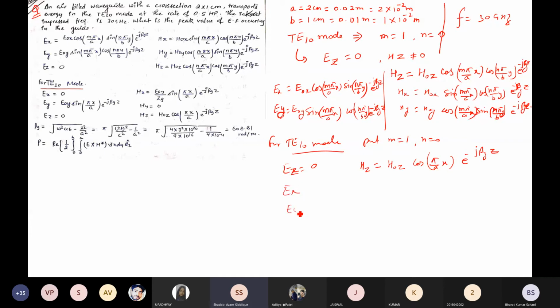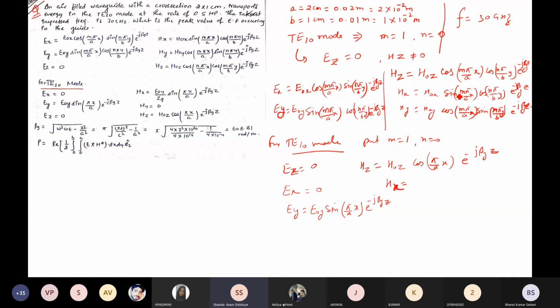Now Ex, Ey. So we know Ex is equal to 0, we got that. Now we have Ey. Ey, how can we write? E naught y, and I can write sine m pi by a, so it can be written as pi by a into x, and cos 0 is 1, e to the power minus j beta g into z. Now we'll write Hx.